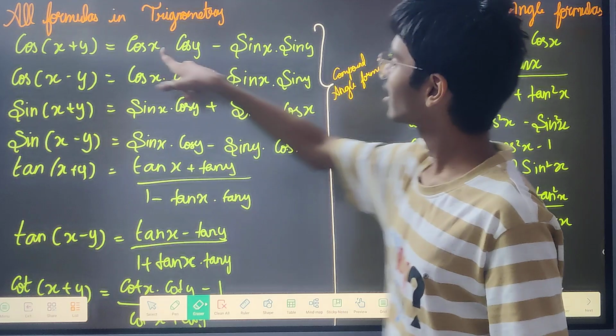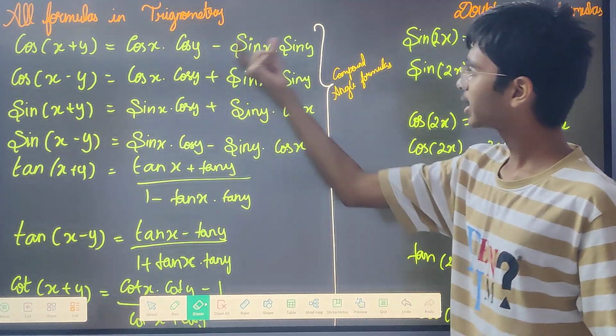So cos 2x will be cos square x minus sin square x.